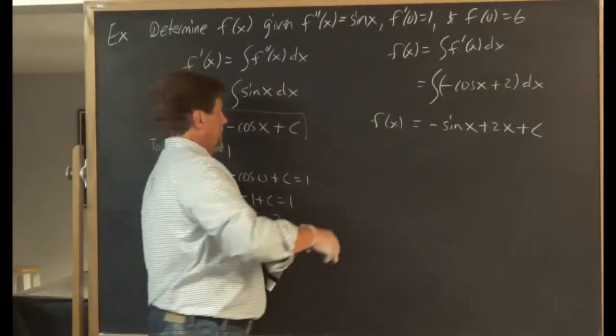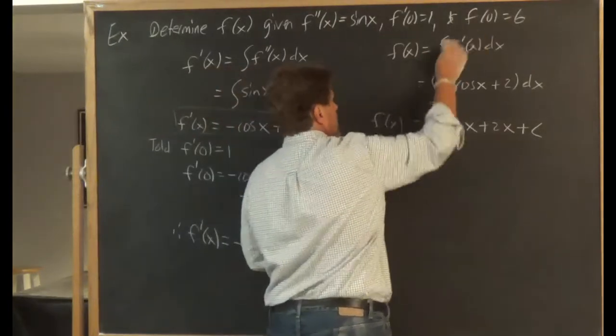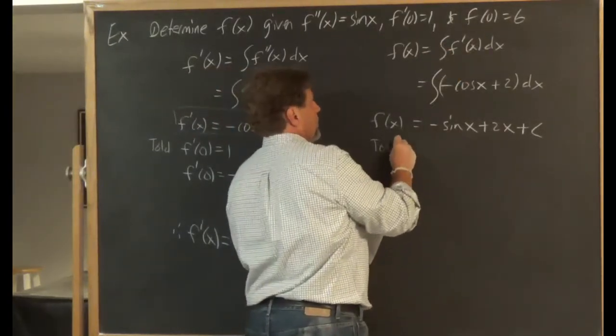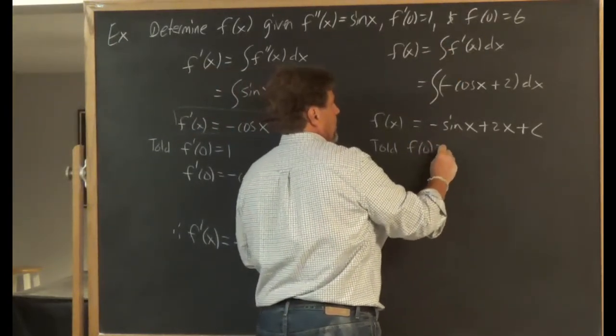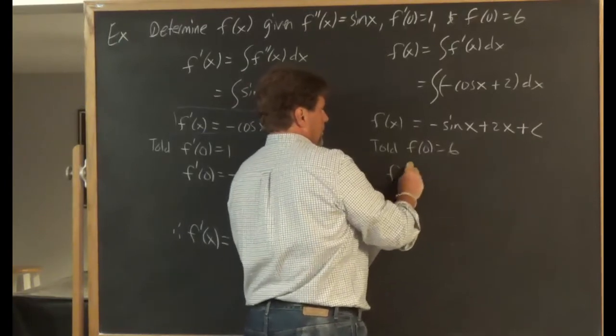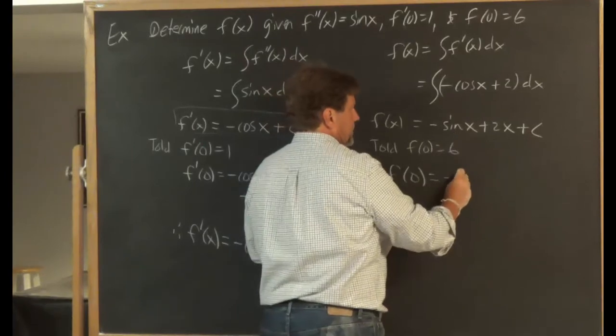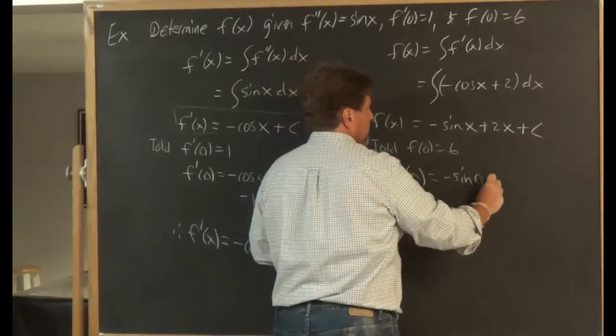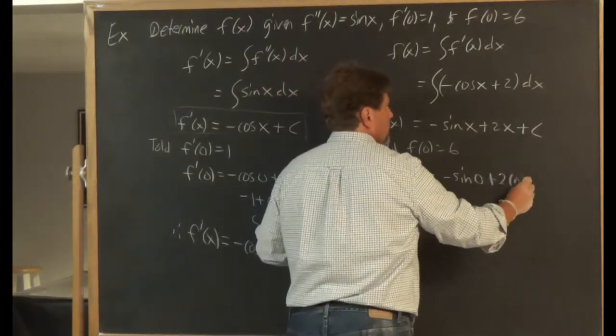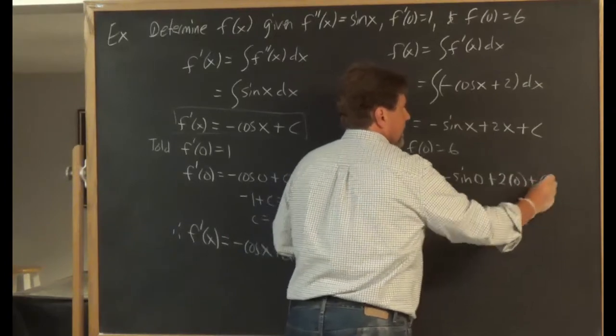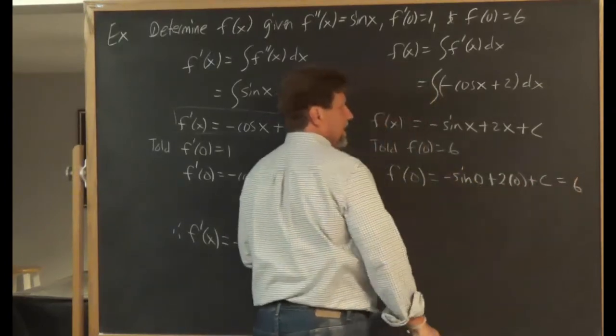And now we use the information that we were told, f of 0 equals 6. So f of 0 equals negative sine 0 plus 2 times 0 plus c, and that has to kick out a value of 6.